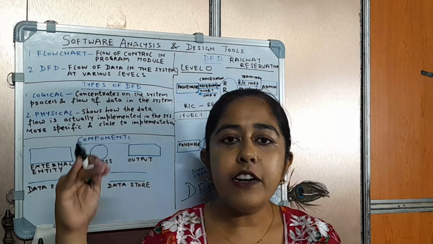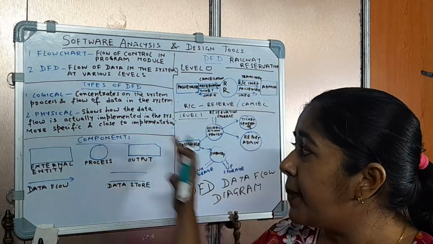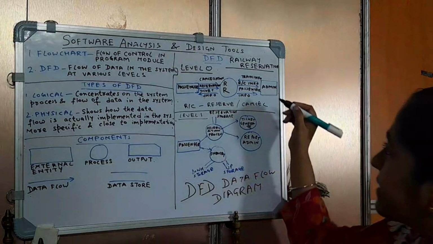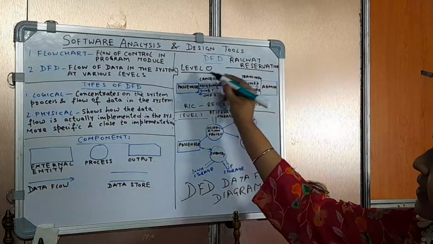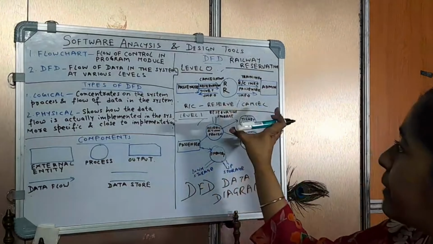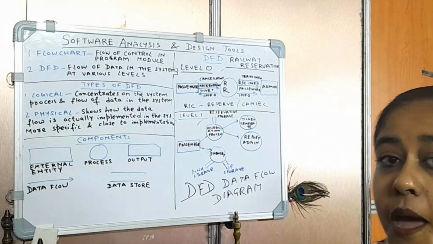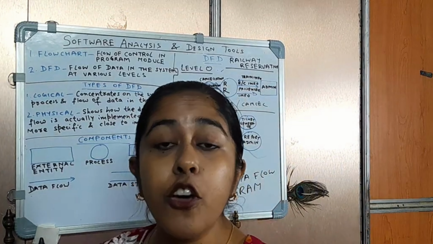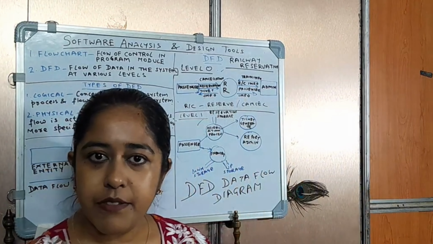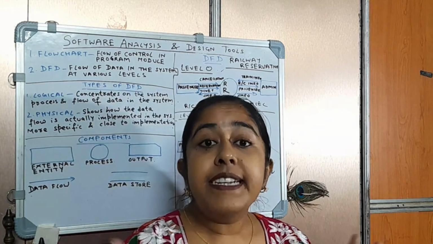So levels 1, 2, 3 are a hierarchical process in which you make your DFD. Here I have done a DFD of level 0 and level 1. In the level 0 picture, you can see very little data, but in this little data you describe the whole system in a very basic way, not in a very detailed way.